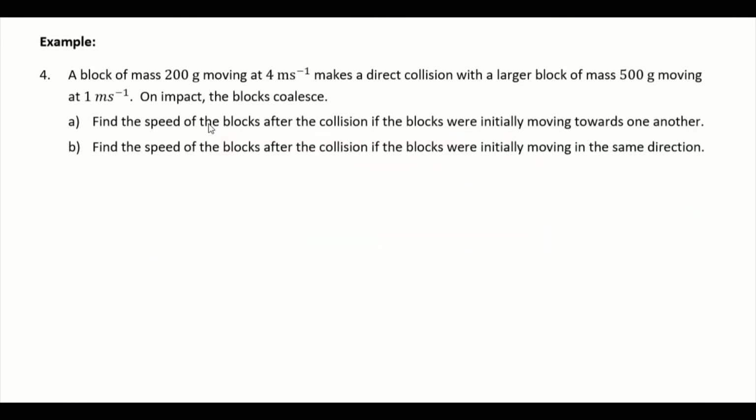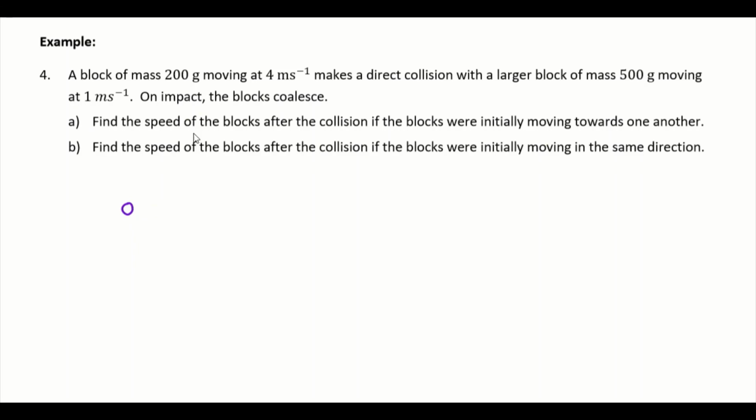Example 4: a block of mass 200 gram moving at 4 meter per second makes a direct collision with a larger block of mass 500 gram moving at 1 meter per second. On impact, the two blocks coalesce.